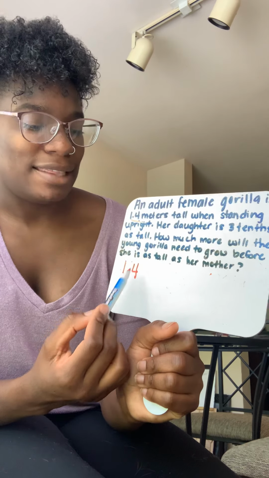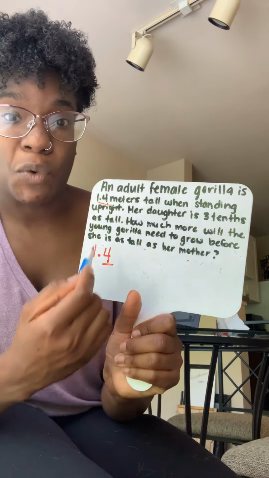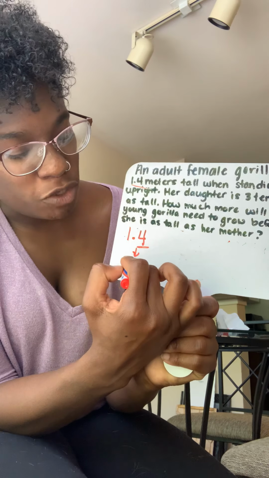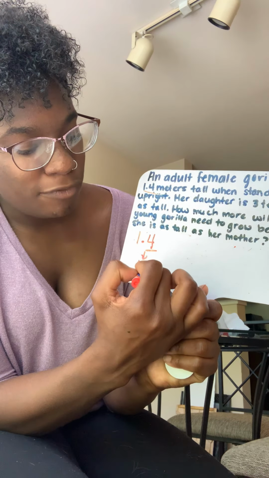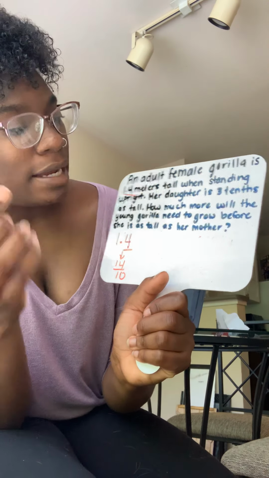So we already know that we've got 10/10 here. We've got 4/10 left, so when we add those together, we've got a total of 14/10. So I'm going to go ahead and write that fraction out as 14/10. So great, we've got that done.